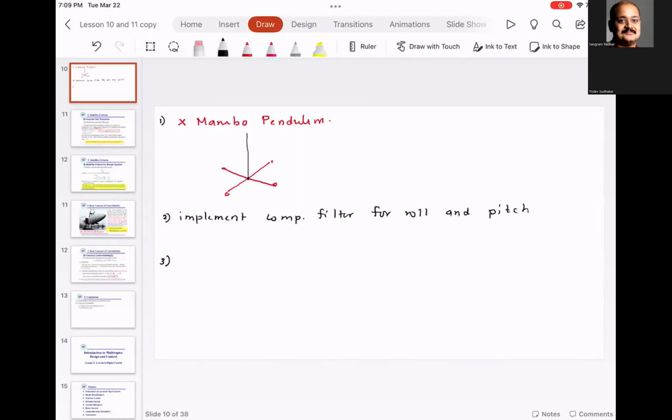Third, perform roll stabilization or pitch stabilization first. And step 4, roll stabilization.